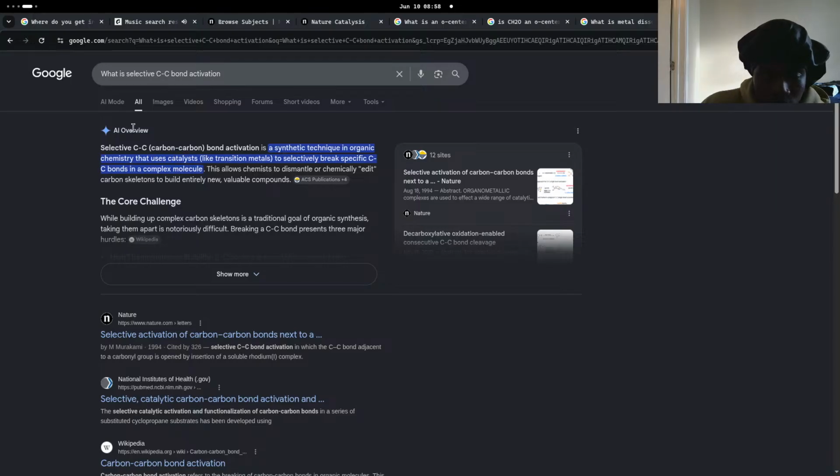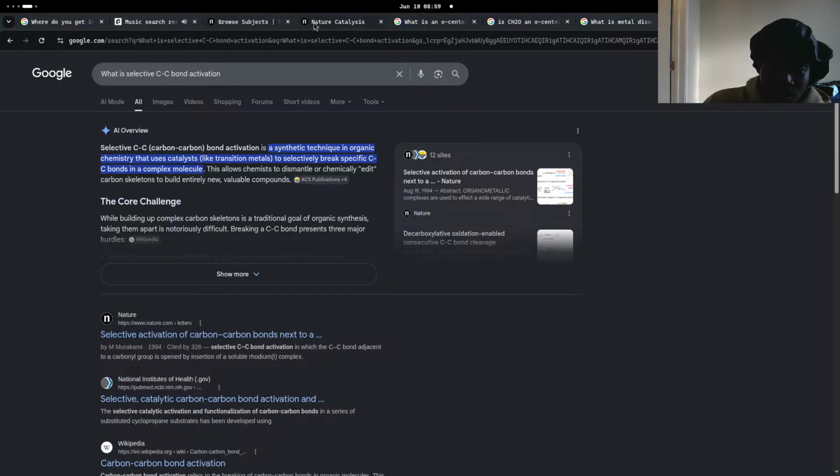So an example could be the use of, say, nickel, or zinc, which is also a common catalyst, to cleave this bond, creating what we'll just call cleaved compounds.